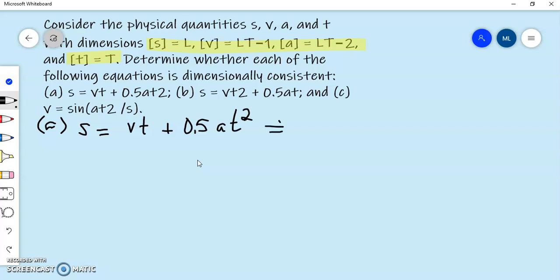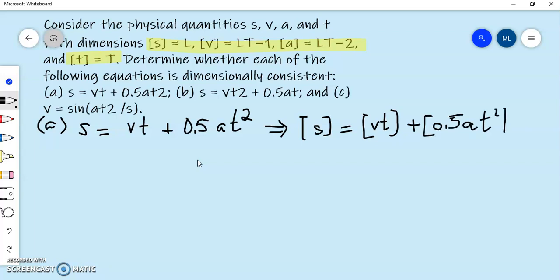So when we check dimensional consistency, basically we put brackets around it. So the dimension of v t, and of each of the terms, 0.5 a t squared. So let's check each term.